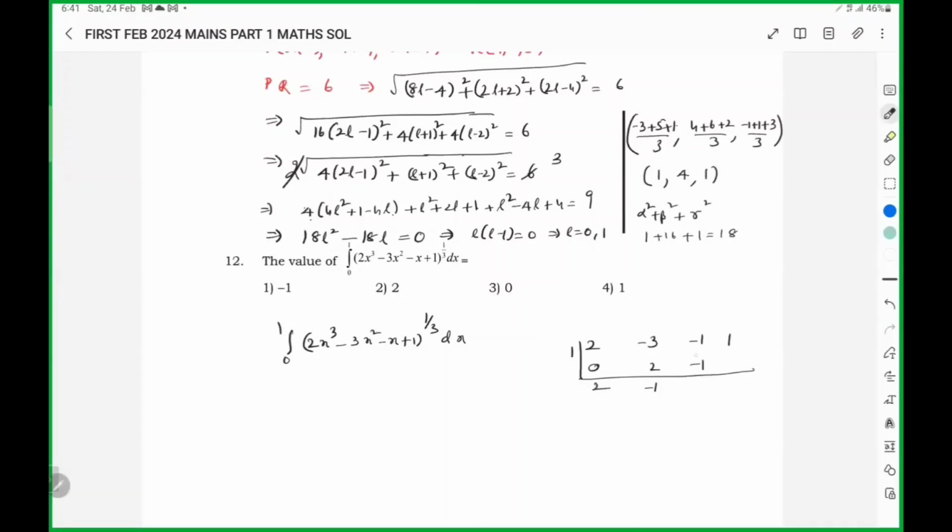So here it is x minus 1. Okay, let us check minus 1. Here it is minus 2x cube minus 3x square.